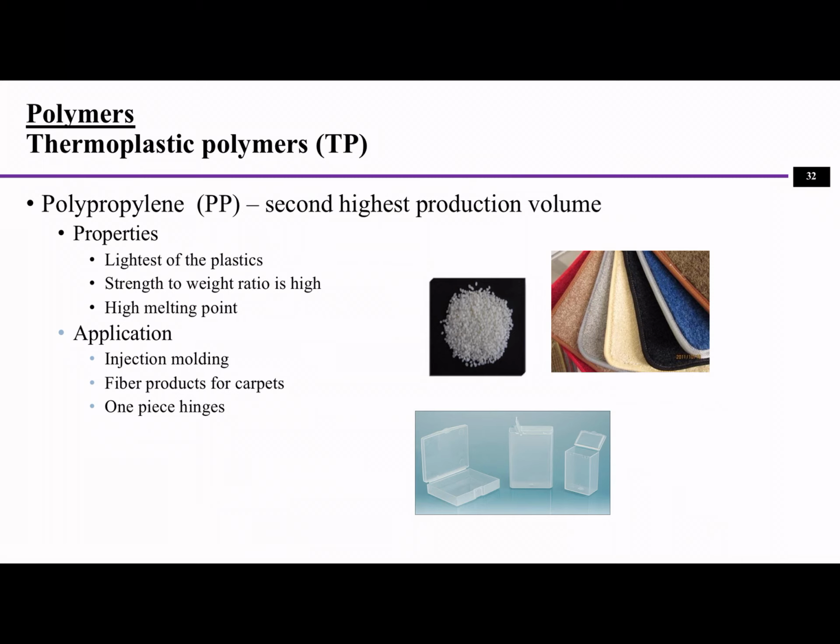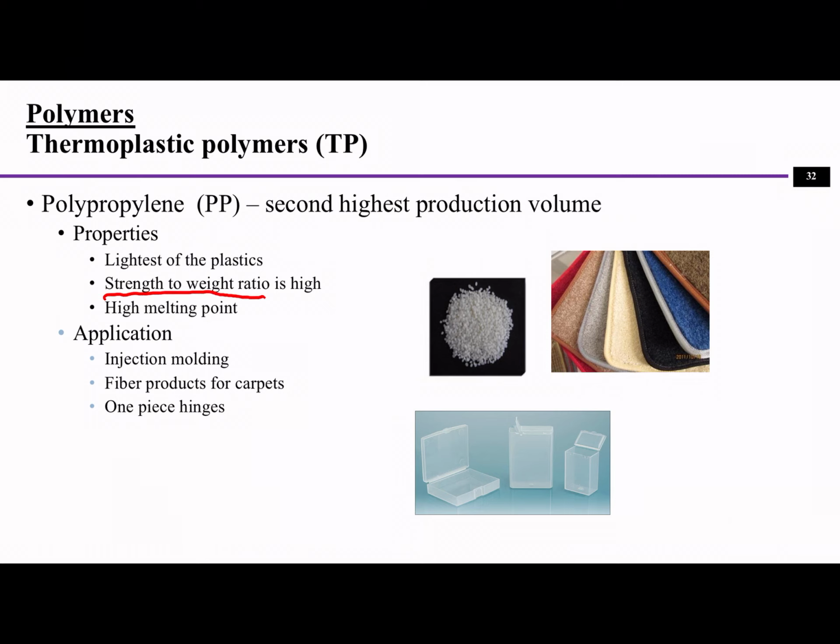Well, polypropylene is also a large type of thermoplastic, right? We usually call it PP, and it has a really good strength to weight ratio.